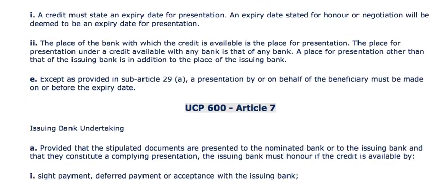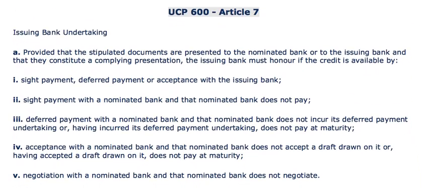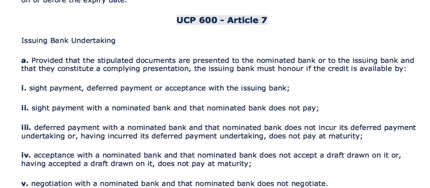Now article 7. So article 7, it talks about undertaking. Provided that stipulated documents are presented to the nominated bank or to the issuing bank and they constitute a complying presentation, the issuing bank must honor if the credit is available by sight payment, deferred payment, or acceptance with the issuing bank.